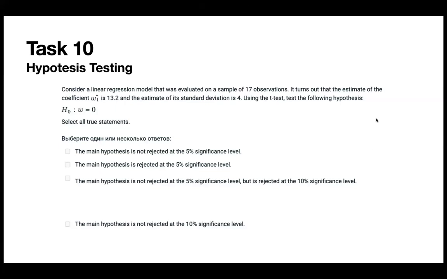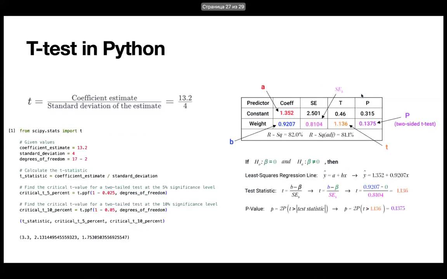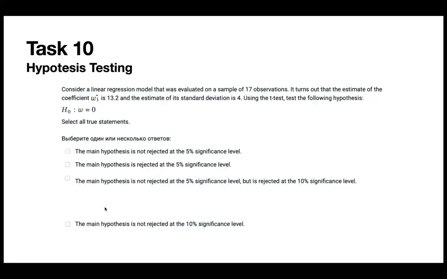So let's take a look now at the statements. And I'll remind you that if we have, for example, a 5% significance level hypothesis, so if our p-value is less than 5%, then we reject the main hypothesis and accept the alternative.